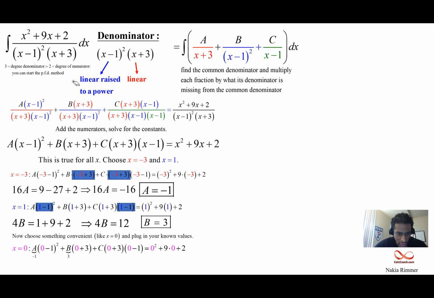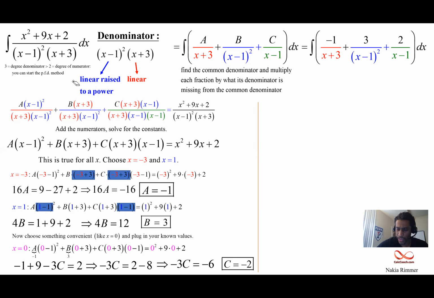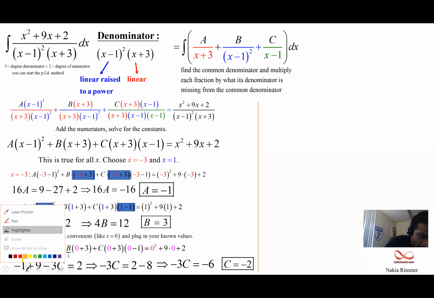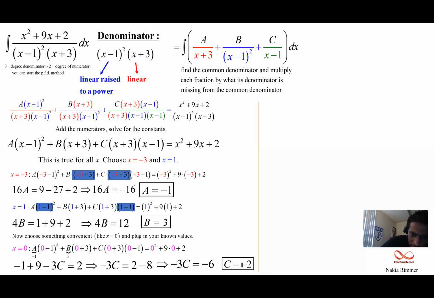And then the C term, which is -3C, right-hand side equals 2. Take that 8, move it over, subtract it, and then that's a -6, and then divide by the -3 to get a 2. Ooh, -2? Okay, that's a typo on my part. Sorry about that. It's a 2, positive 2.